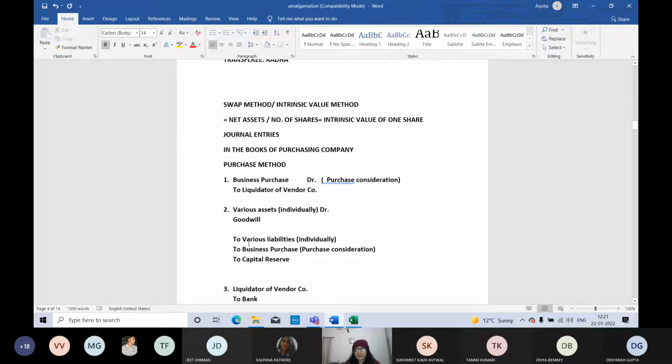Anybody? Capital reserve. Yes. It means it's a capital profit and I'm going to credit the capital reserve with the balance amount. While if the credit side is greater than the debit side, it means there is a capital loss and I am going to debit the goodwill by the balancing figure.